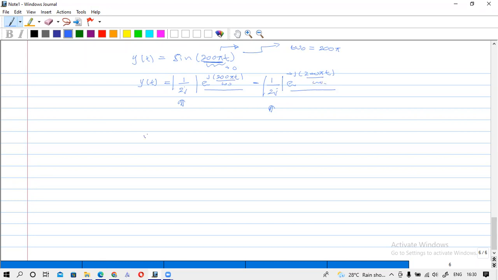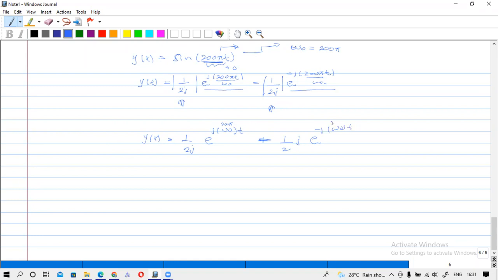So if I write these two terms in terms of omega naught, I have j omega naught t, this omega naught we already know, 205, minus half j e to the power minus j omega naught t.